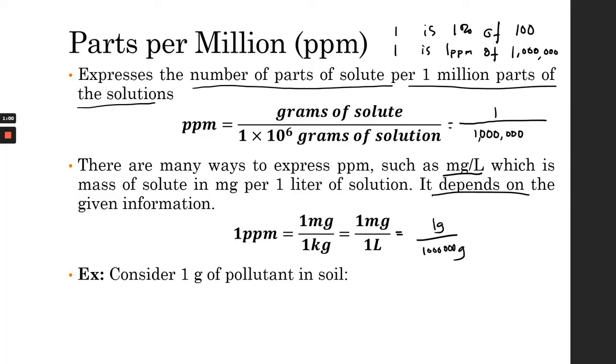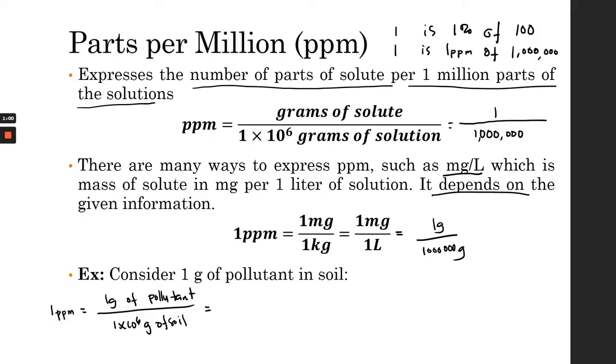Okay, so consider 1 gram of pollutant in soil. 1 part per million is equal to 1 gram of pollutant in 1 million grams of soil.